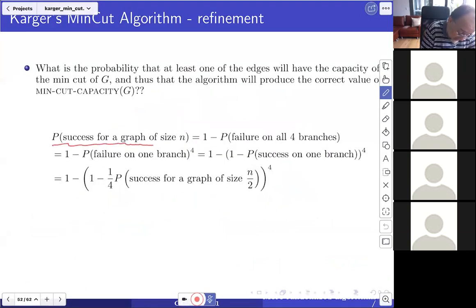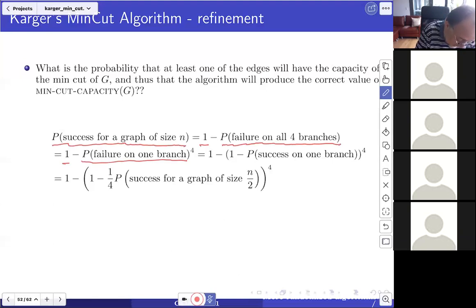Probability of success for a graph of size n is equal to 1 minus probability of failure on all 4 branches, right? So if all 4 branches return a larger mean cut than the true mean cut, then that's the failure. But what is this? This is 1 minus, and probability of failure on all 4 branches is probability of failure on 1 branch taken to the 4th power, right?